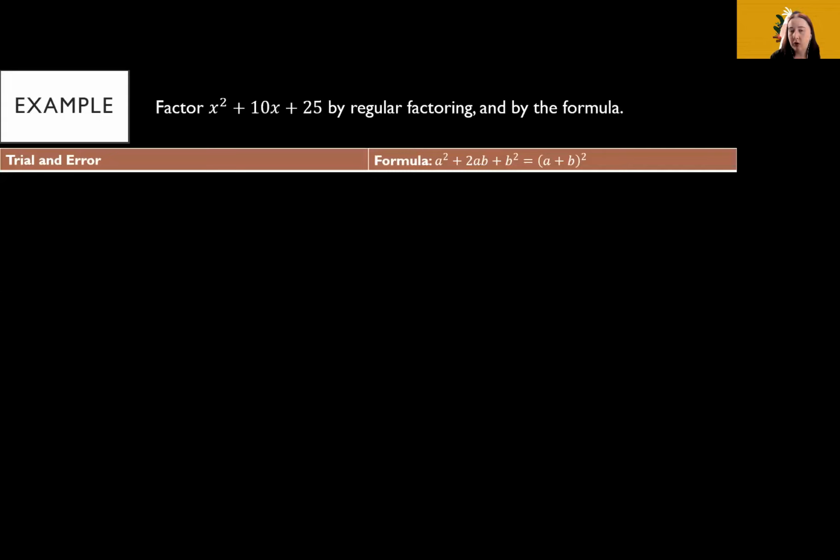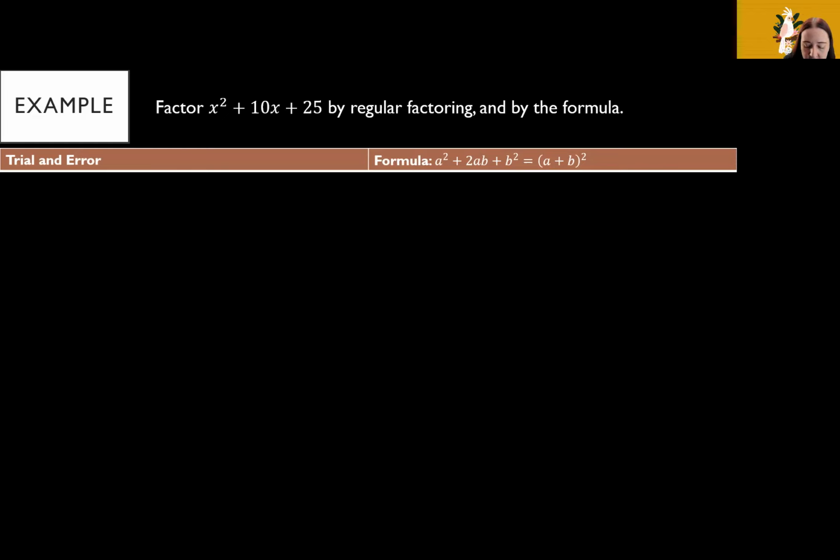So we're going to do a couple where we factor with one of the other methods for factoring and then use the formula, so you can see how you basically get the same thing and you can compare, see which method you prefer. So we've got x squared plus 10x plus 25. Because the coefficient of the x squared is 1, this is easily done by trial and error.